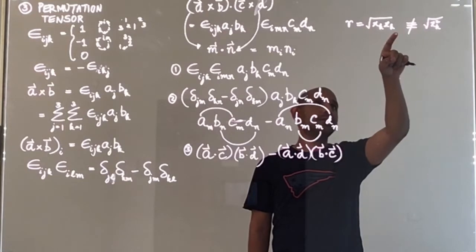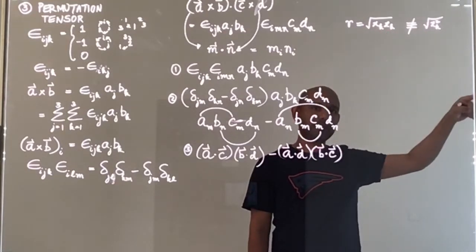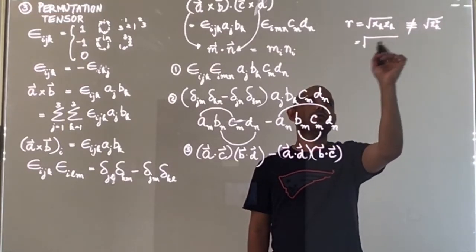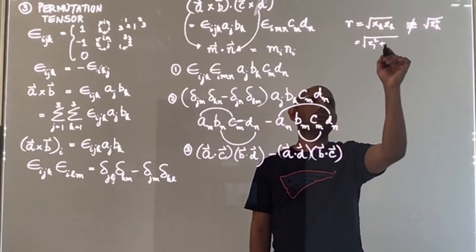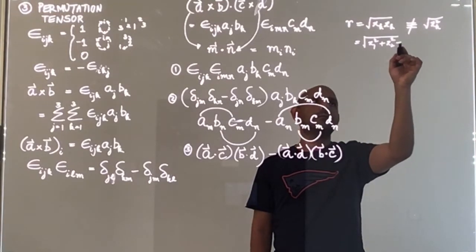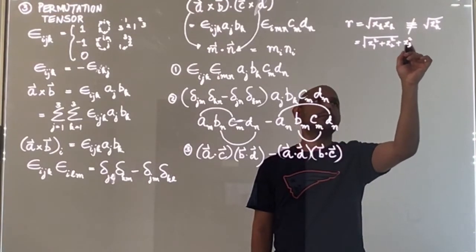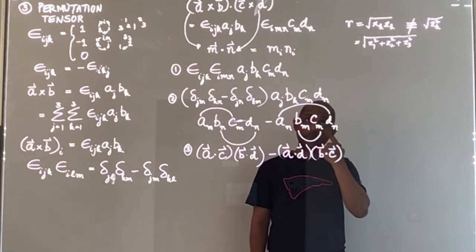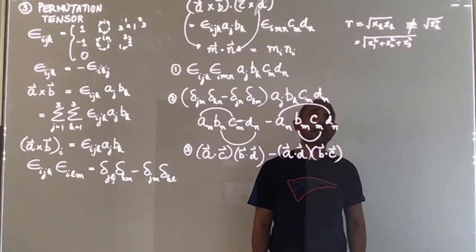If you have 2 k's, you know it's x1 times x1 plus x2 times x2 plus x3 times x3. So this is just square root of x1 squared plus x2 squared plus x3 squared. Yeah? So it's just the norm or the distance or whatever you want to call it.